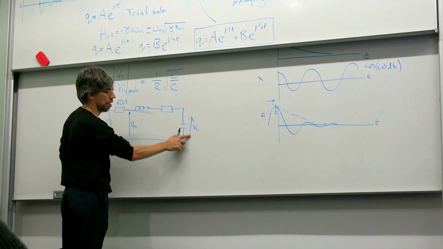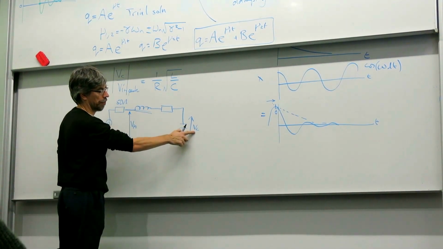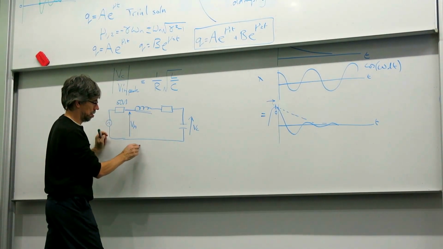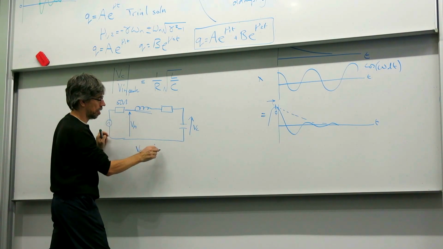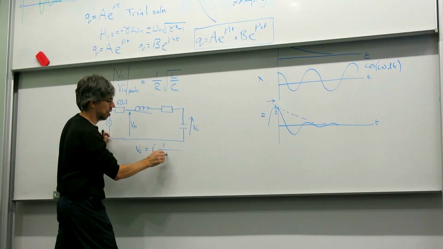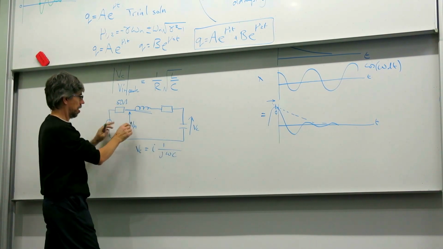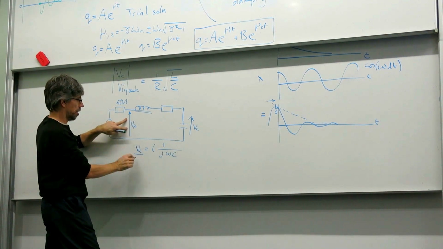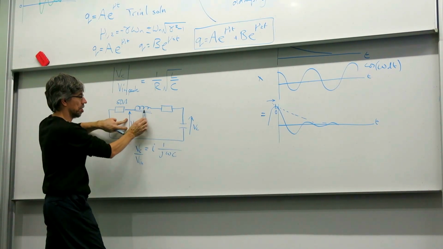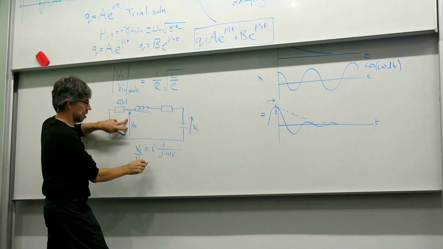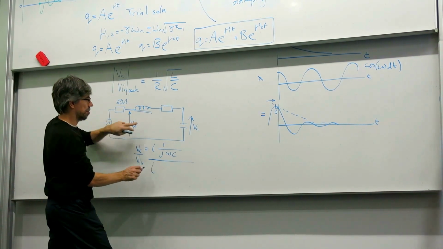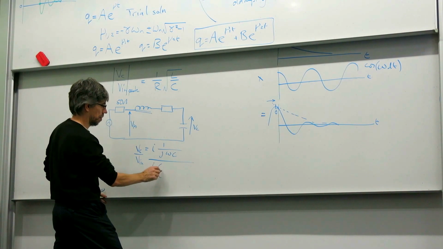It's saying the voltage across the capacitor is I times its impedance, which is 1 over j omega C. And then if we divide that by the voltage across the inductor, resistor, and capacitor, that's the current I times their combined impedance.